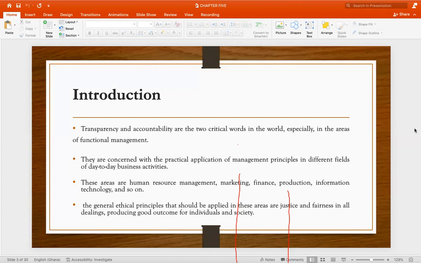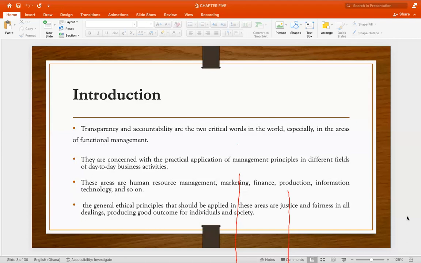These areas are human resource management, marketing, finance, production, information technology, and so on. These are the areas of management that we looked at last semester when we started dealing with management and the principles of management.